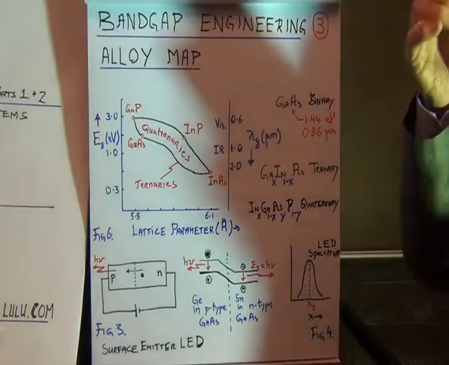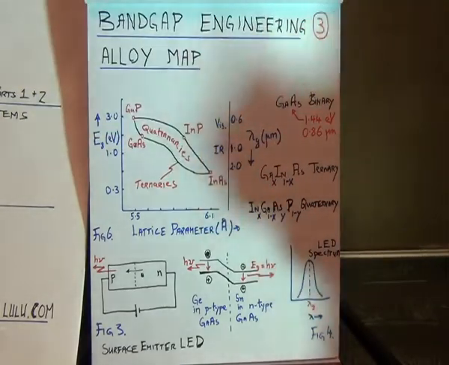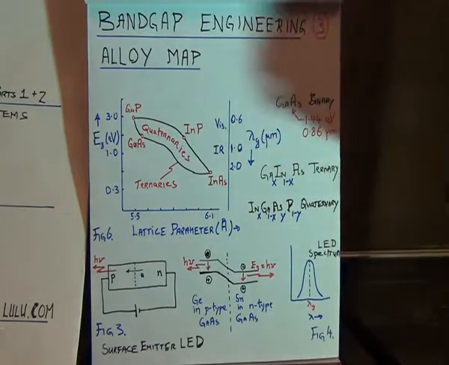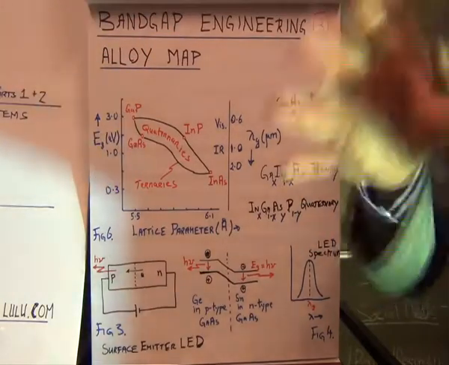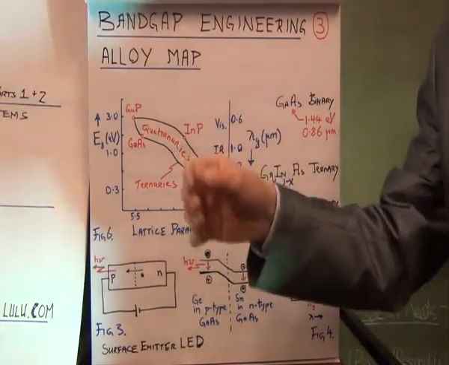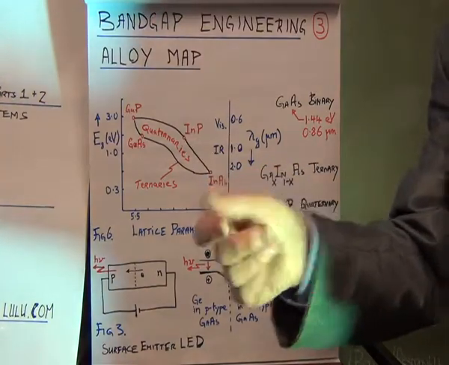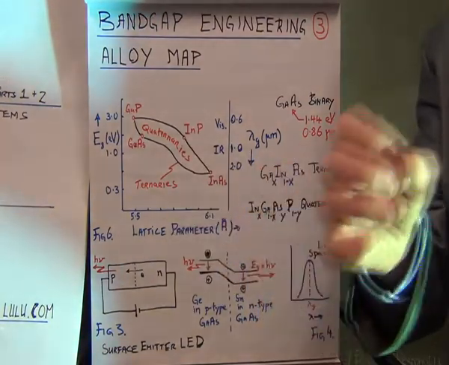To do that, you use flash photolysis. That's one possibility. That means you get a very, very bright light, and you flash it for less than a microsecond, and then you have a spectrum analyzer with a photodetector and measure.